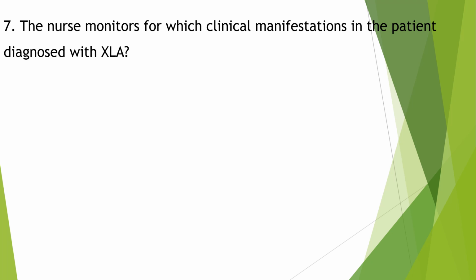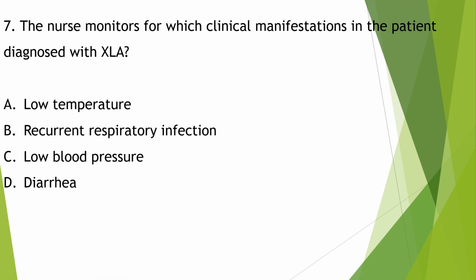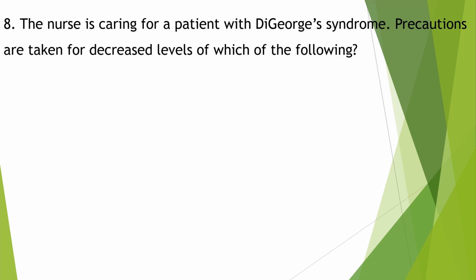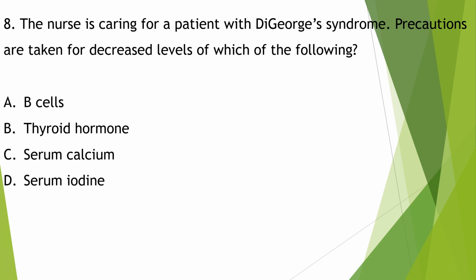The nurse monitors for which clinical manifestation in the patient diagnosed with XLA: low temperature, recurrent respiratory infections, low BP, or diarrhea. It was already mentioned that XLA has recurrent respiratory infections. The nurse is caring for a patient with DiGeorge syndrome. Precautions are taken for decreased level of which of the following: B cells, thyroid hormone, serum calcium, or serum iodine.